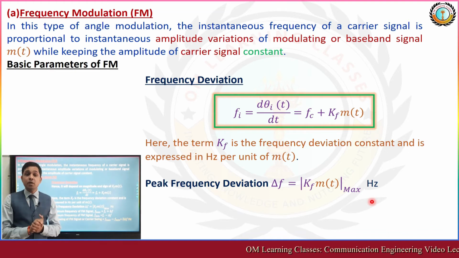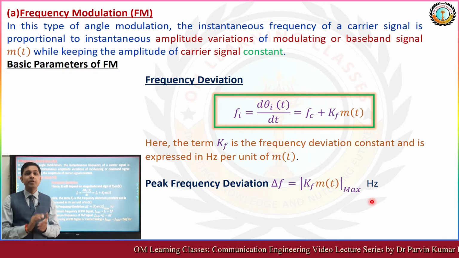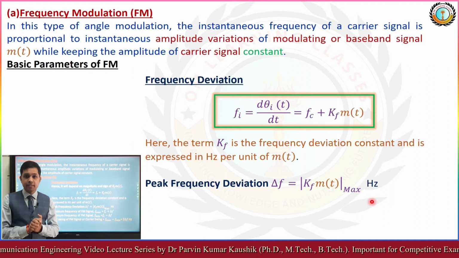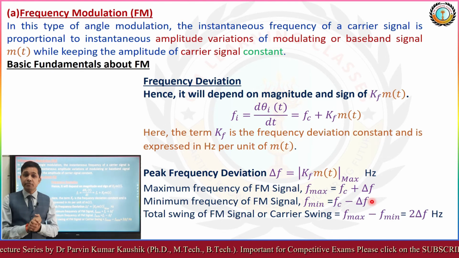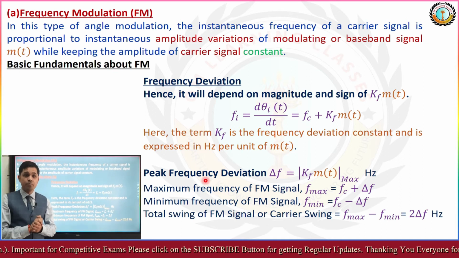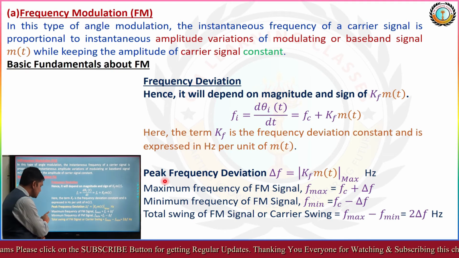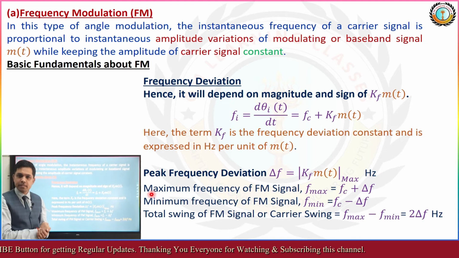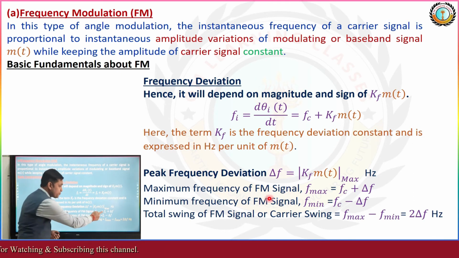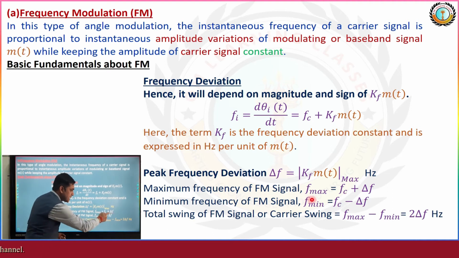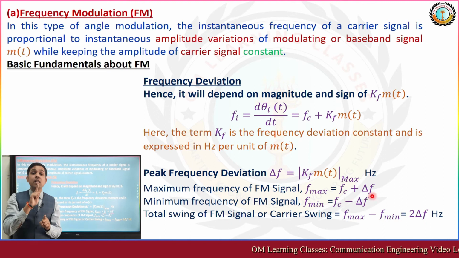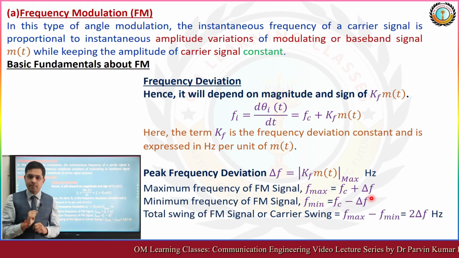Now, after getting the mathematical representation, we have some other important things related with frequency deviation. The first thing we have is the maximum frequency of the FM signal, for the maximum frequency deviation, that is equivalent to fc plus delta f, meaning the increment in unmodulated carrier frequency.